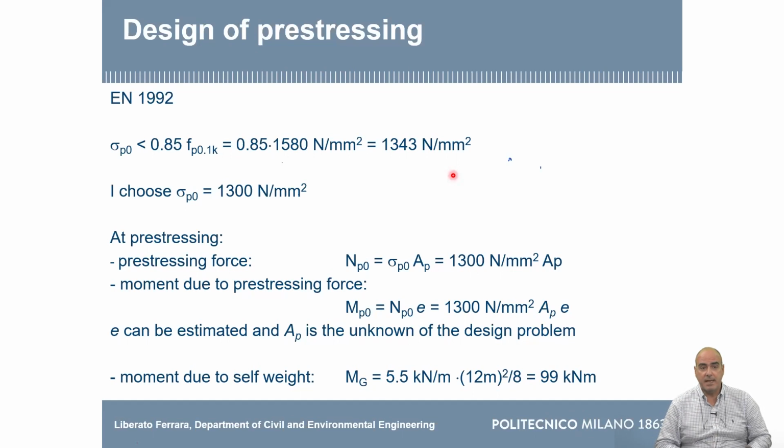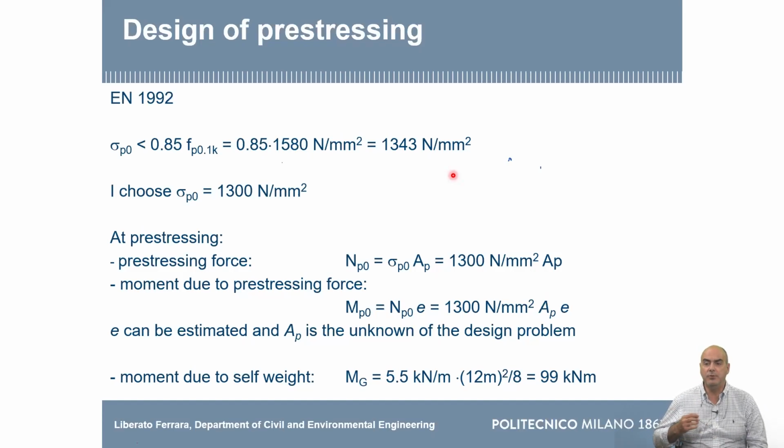Okay, so now, we were saying before, we have all our ingredients set, and we can start with the design. And the first design problem, we have to decide how much shall we pre-stress our concrete structural element.